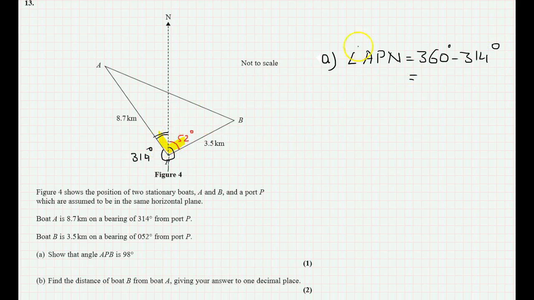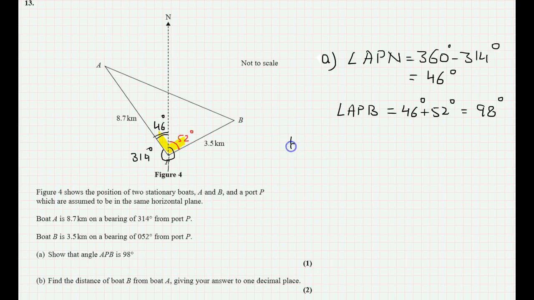So angle APN is 46 degrees. So we have to find APB. So angle APB will be equal to APN, that is 46 degrees, plus NPB, 52 degrees. So that will be 98 degrees. So angle APB is equal to 98 degrees.